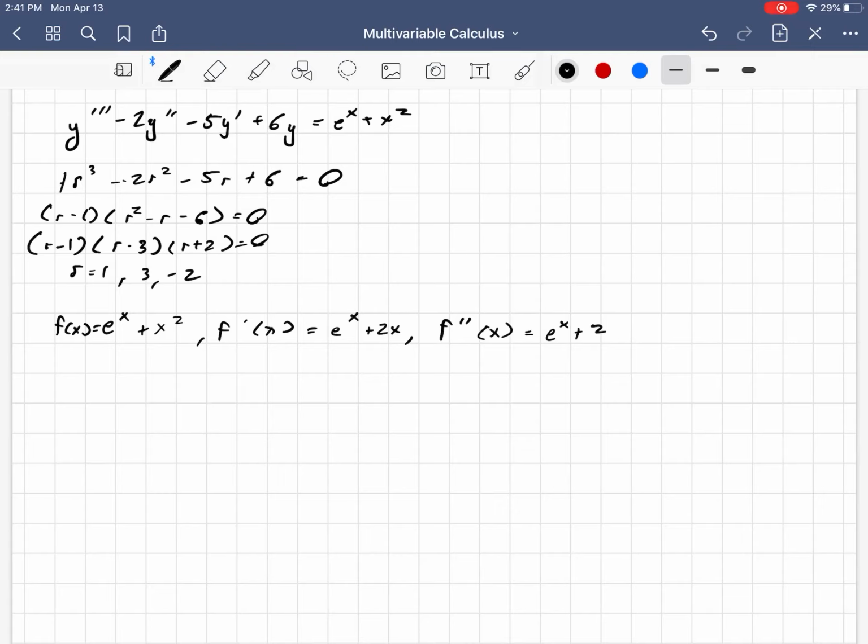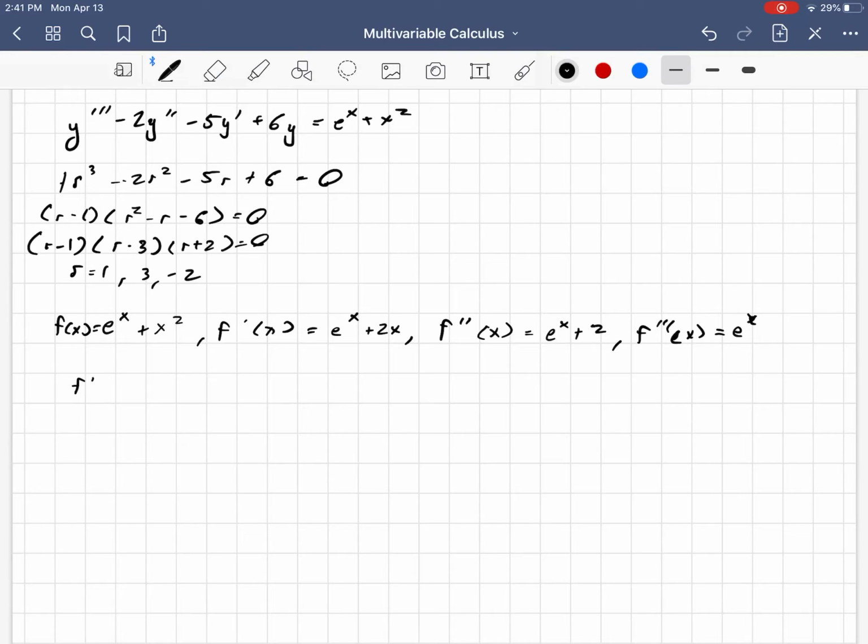Let's try it again and see, it is just e to the x.